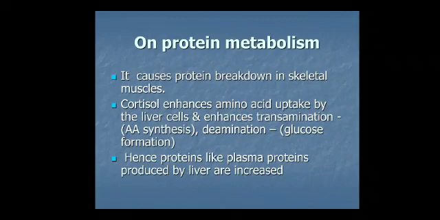So this is the function on protein metabolism. That is, it breaks down the protein and forms amino acids, and these amino acids will be used for the production of plasma proteins.